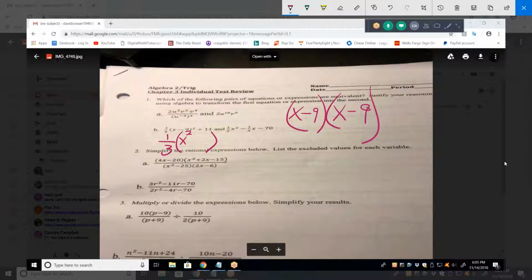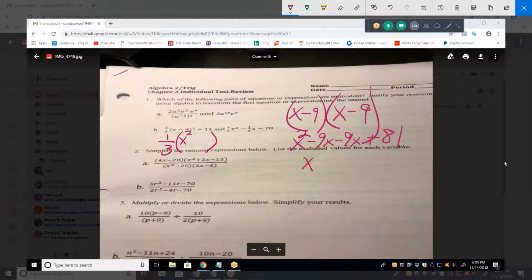Oh, would it be a positive? No, foil it. Foil it. Don't try to answer it in one. It looks like it would be x squared minus 81 or plus 81, but it isn't. If you FOIL it, you get x squared minus 9x minus another 9x plus 81.